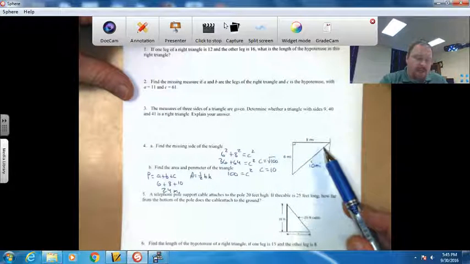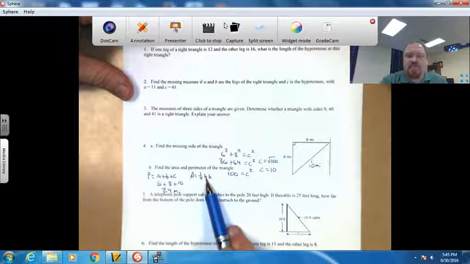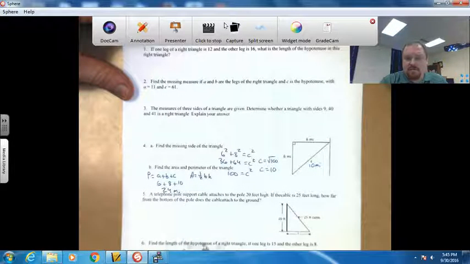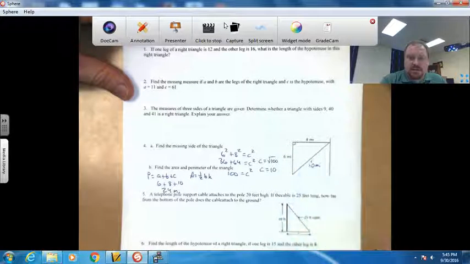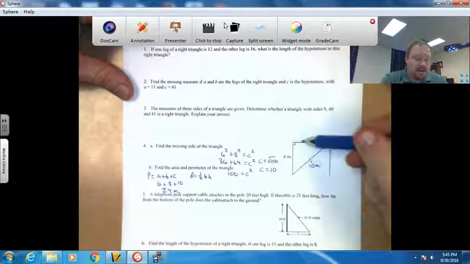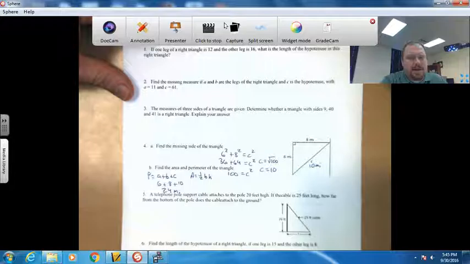The hypotenuse is never used for the base or the height, unless they have another segment drawn to it, so that would be a special picture. If they don't have another segment drawn down to it, we're not going to use the hypotenuse.